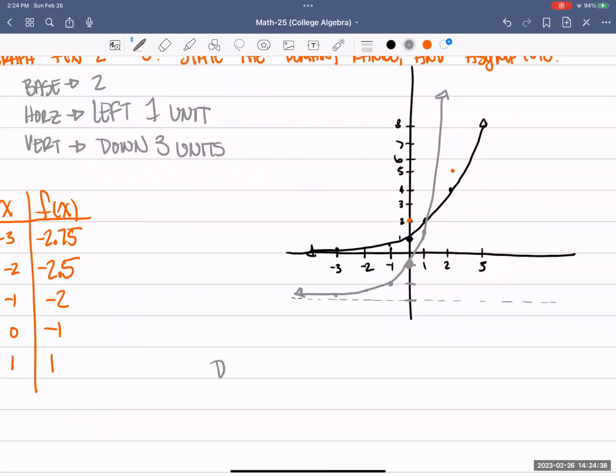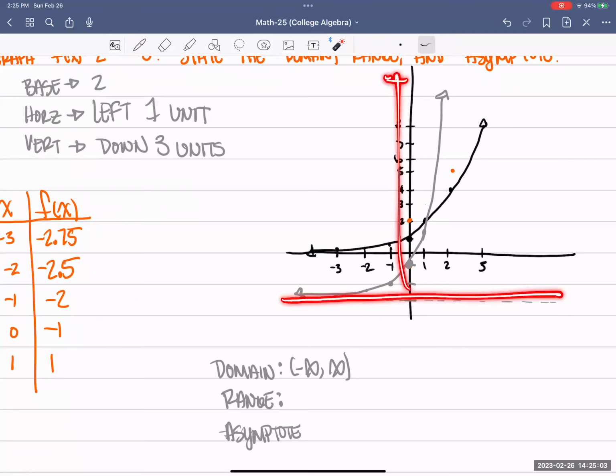So with our domain, let's take a look at our range. And based on that, we could give our asymptote. So domain is still going to be negative infinity to infinity, or all real numbers. Our range starts here and goes off to infinity.